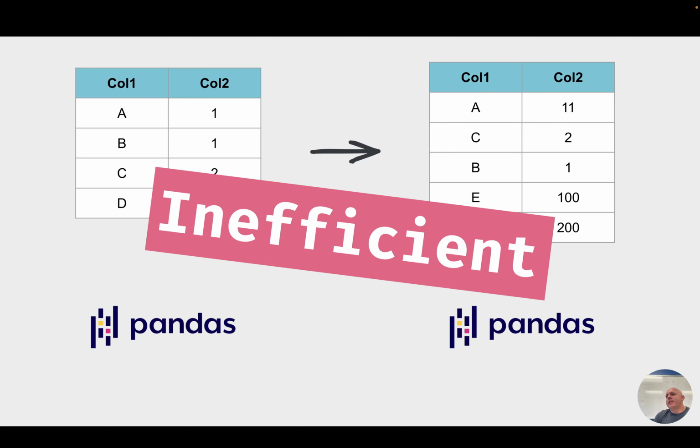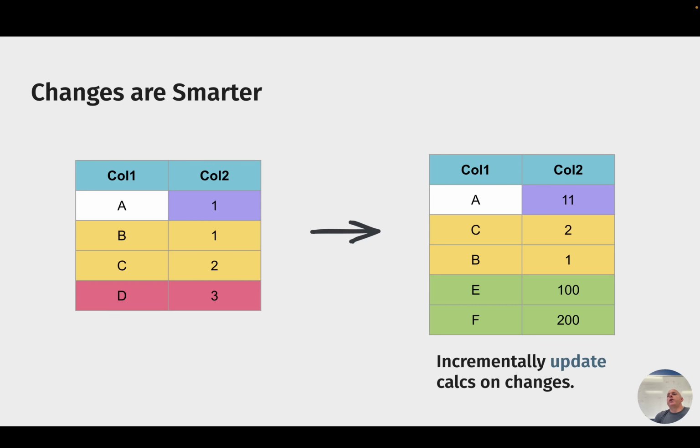Next, with real-time data, it is inefficient to totally recompute every time your data changes. You want to avoid that, and it is smarter to compute based on changes in your data, and these changes can be adds, modifies, deletes, and reindexes.